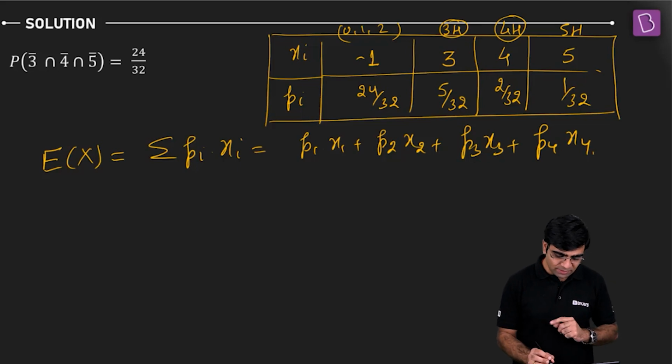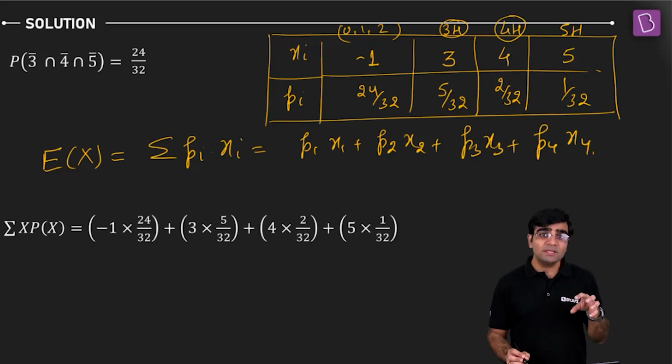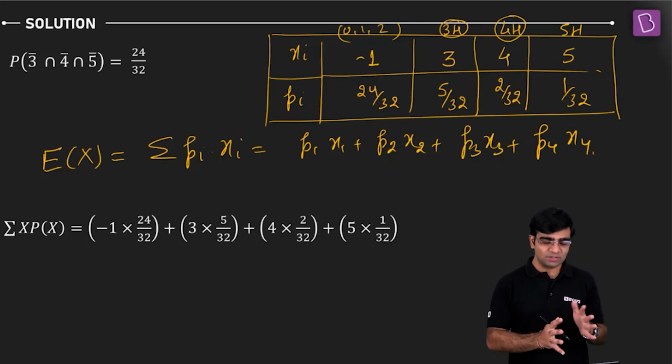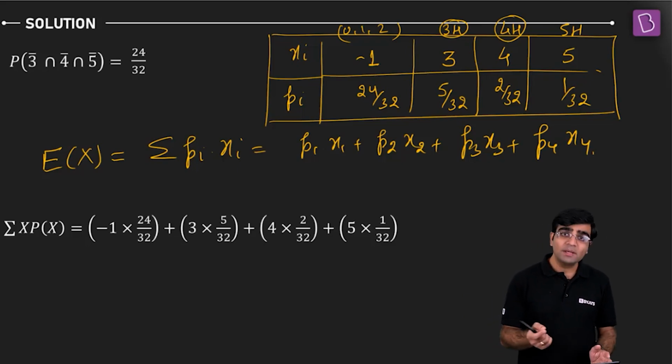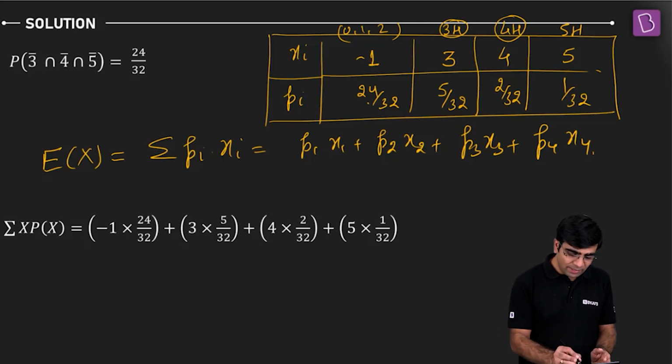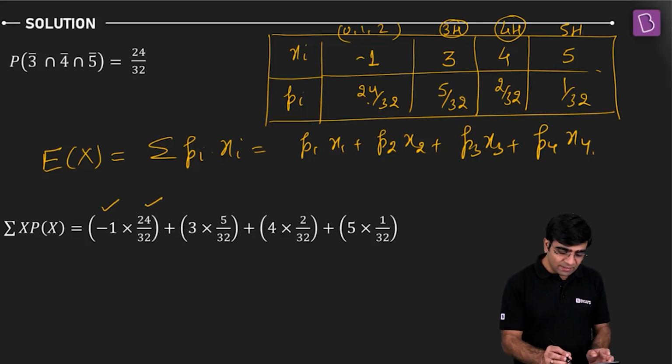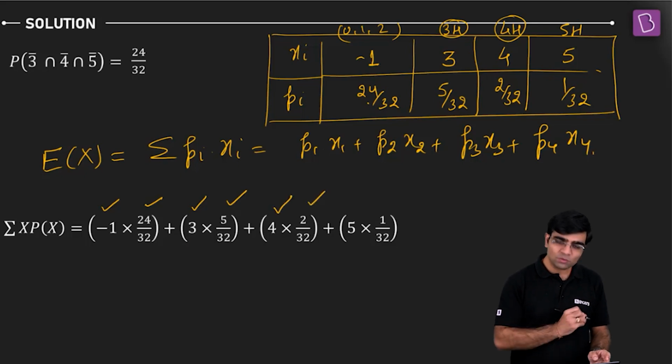Let's quickly start putting the values into the formula. The expectation value for X becomes equal to pi for the first one, 24 by 32, and the value associated is -1. Then for the second one, the value associated is 3 and the probability is 5 by 32. For 4 consecutive heads, the value is 4 and the probability is 2 by 32.